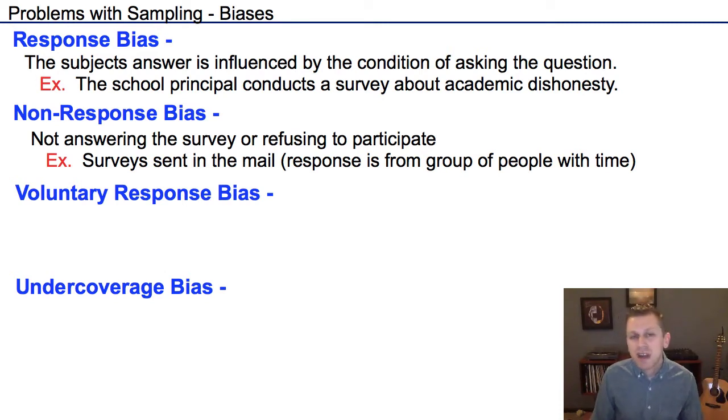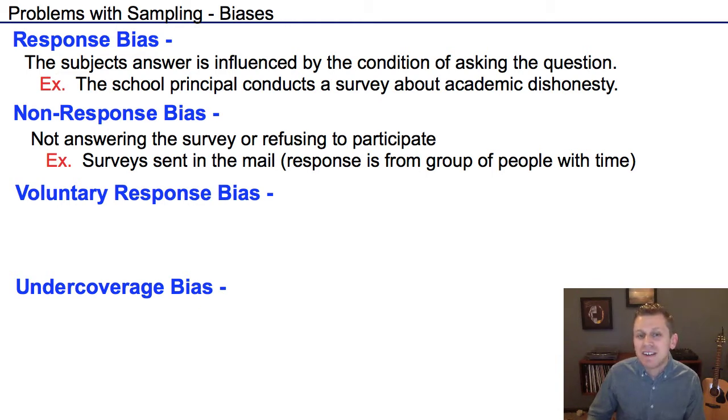Or think about if you've done something online and maybe you purchase something and a pop-up jumps up and says, hey, would you like to take 5 minutes to fill out this survey? Often you don't fill out the survey because you don't have the time or just don't want to. In this case, with the non-response bias, not everyone is participating. Only the people that have a lot of time are going to participate.